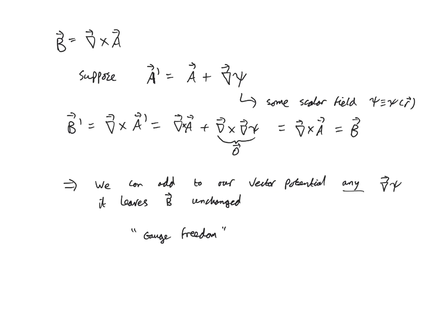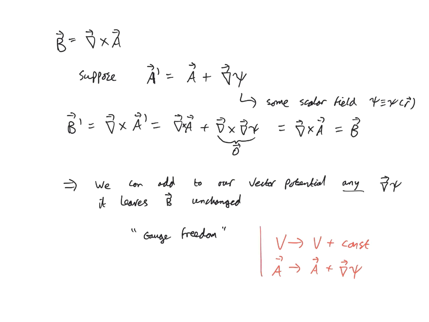So what's the use of this? Let me write both of them down. We have that V can go to V plus a constant, and A can go to A plus the gradient of a scalar potential psi, and it makes no difference to physical properties.